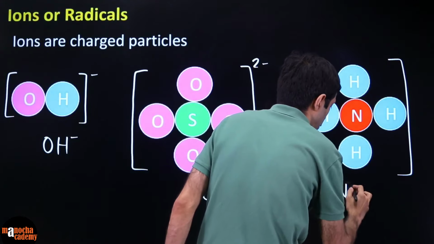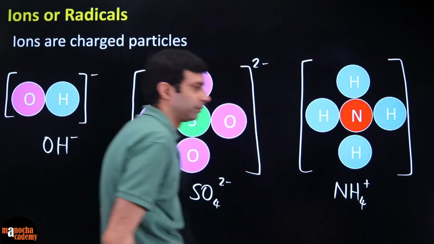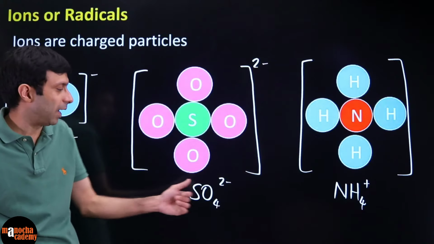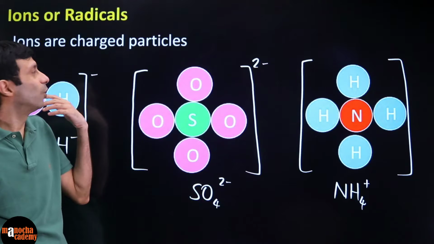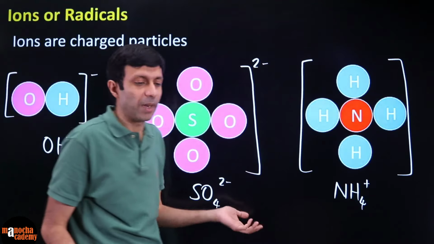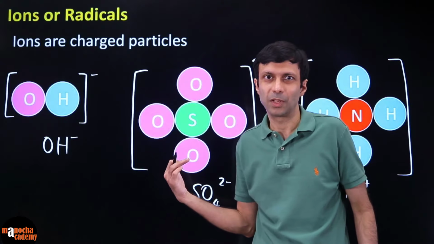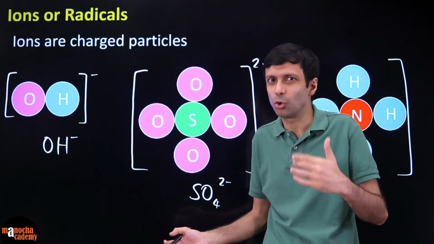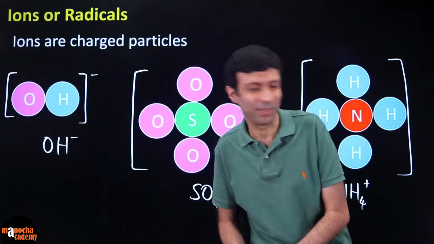So this is NH4 and the valency is +1. This is ammonium. Ammonium ion, sulfate ion. So you have to learn all these names and all these numbers. These are more complex ions formed of more than one type of atom. I'm giving you an overview here. If you don't understand all these details, don't worry, I'm just giving you a flavor of the language of chemistry.